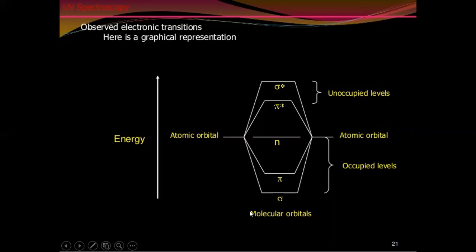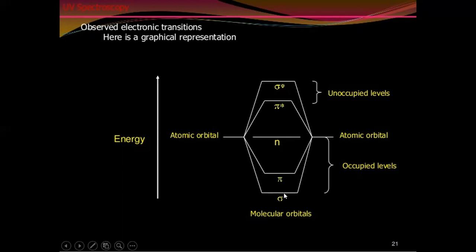Atomic orbitals combine to give molecular orbitals: same number, different energies. Here we have sigma, pi, n, pi star, sigma star. These two are bonding molecular orbitals, and these two are anti-bonding molecular orbitals, indicated by an asterisk. And this n is the non-bonding orbital, where non-bonding electrons will be there.